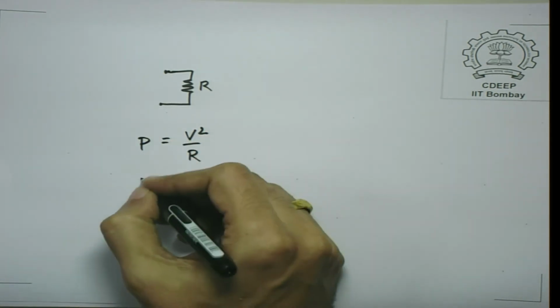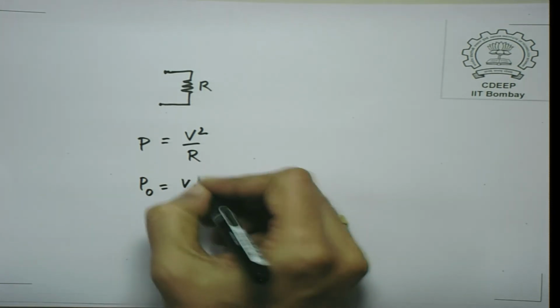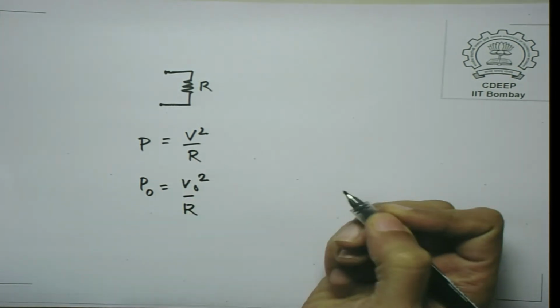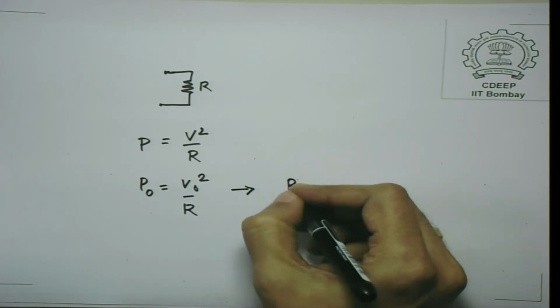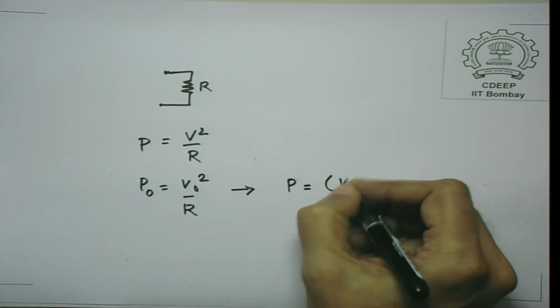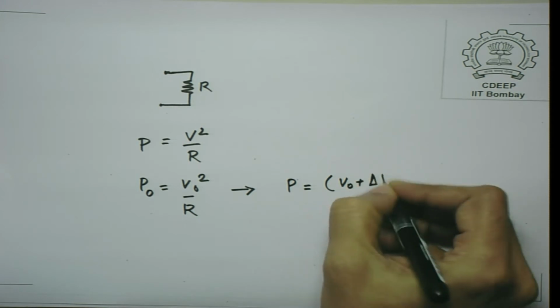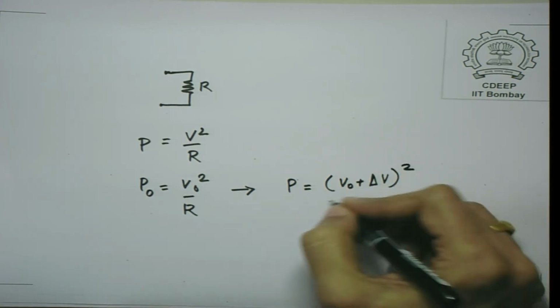If there is a small change in voltage, then P will be equal to (V naught plus delta V) squared by R. Suppose there is a small change in voltage.